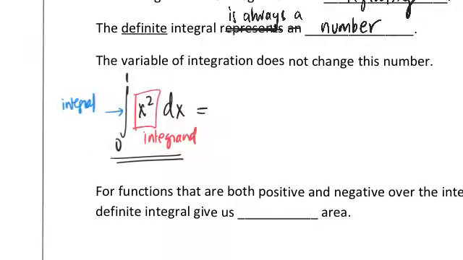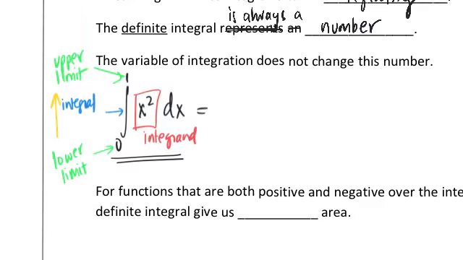The numbers at the top and the bottom. The number on the bottom is called the lower limit, and the number on the top is called the upper limit of integration. Integration kind of has a direction, right? We say that we are integrating from 0 to 1. We go from the lower limit to the upper limit.